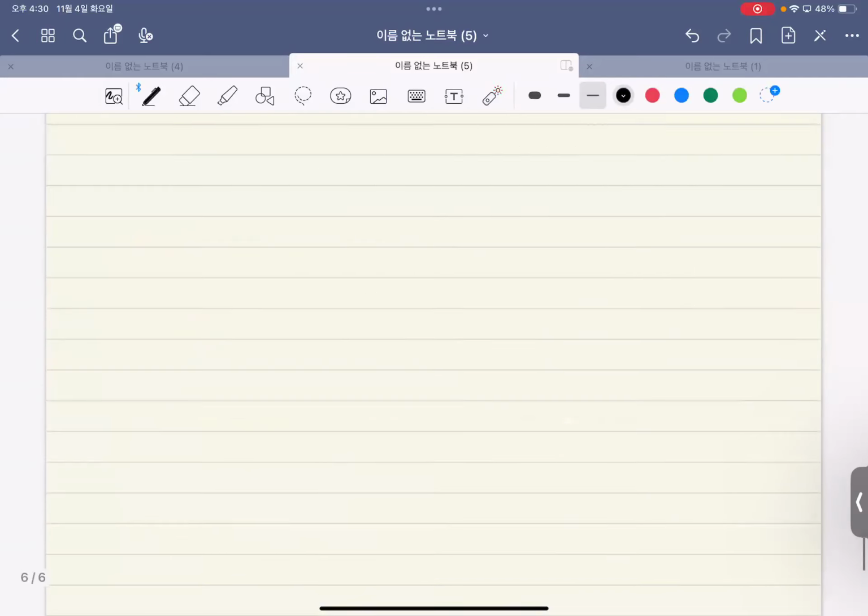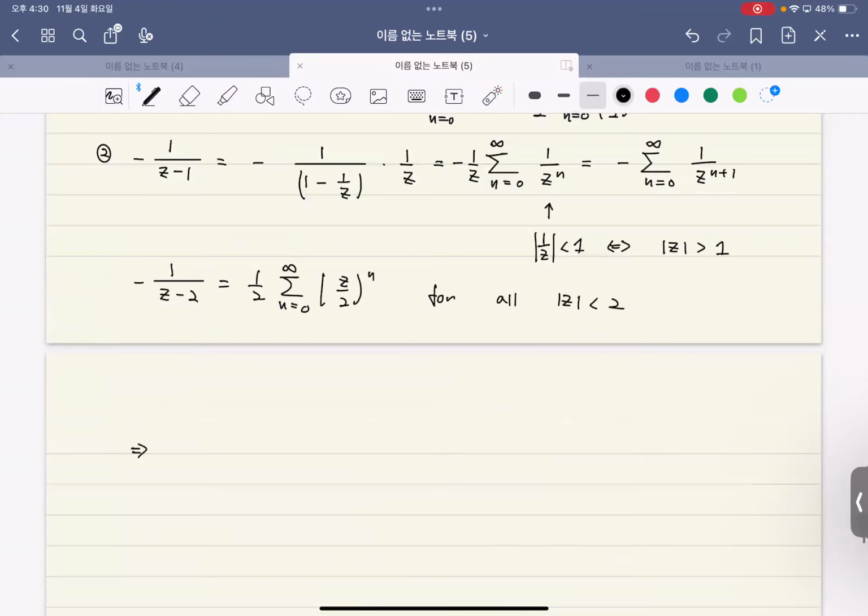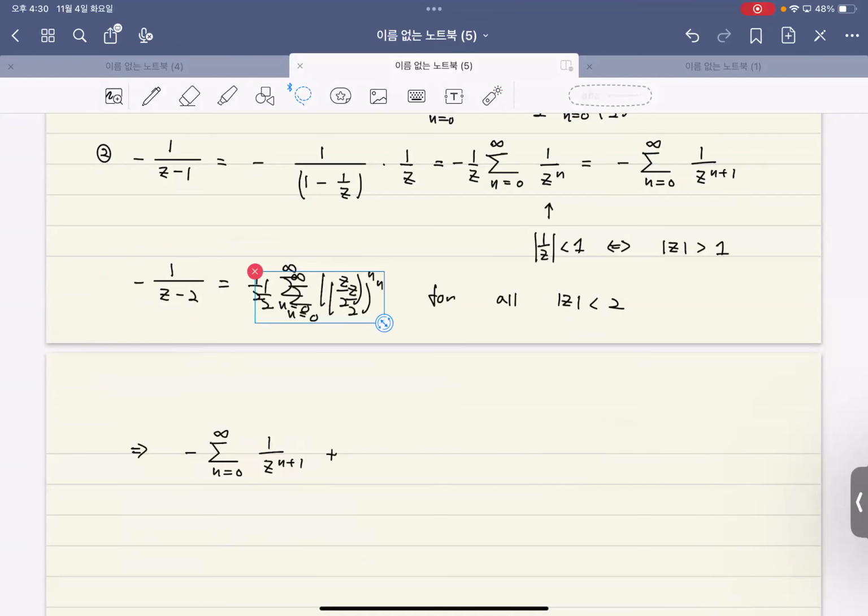So therefore, the Laurent series must be this guy plus this. All right. So in this case, I have positive powers of z, and at the same time I have negative powers of z. So this is also a Laurent series.